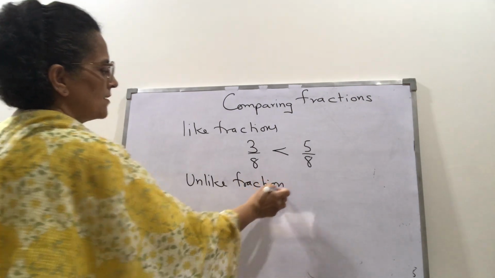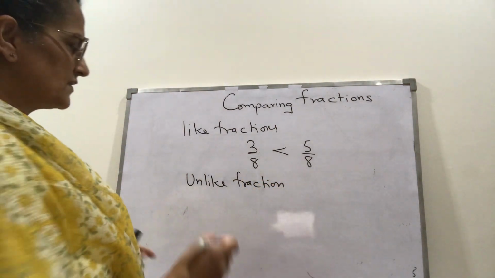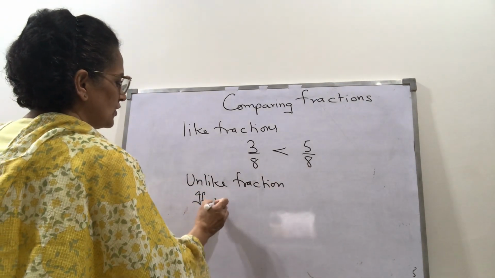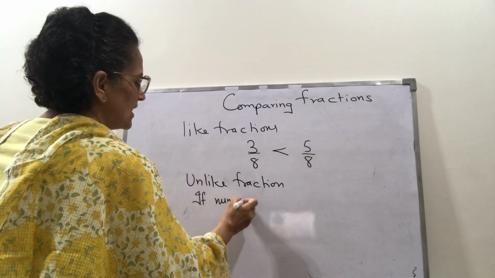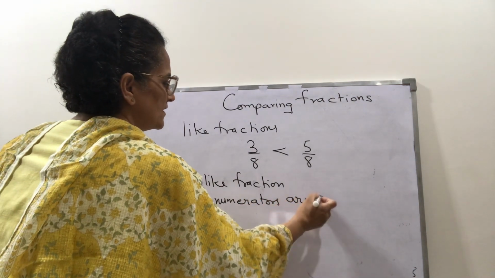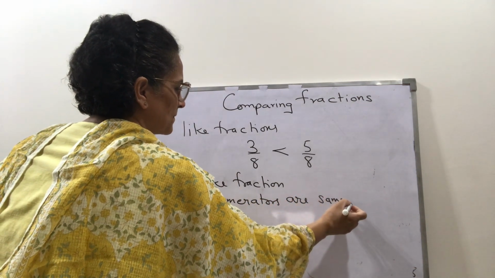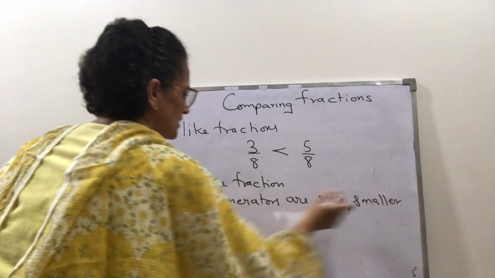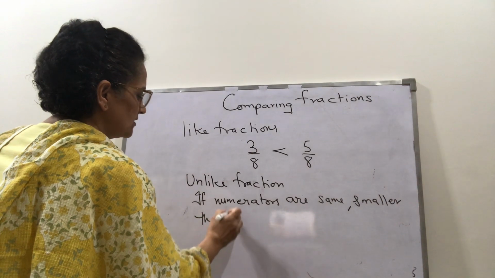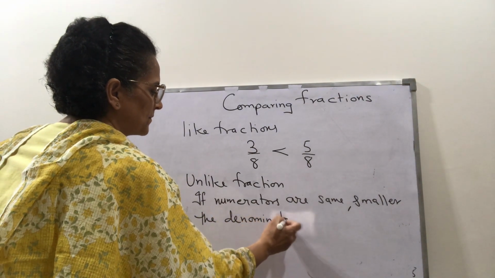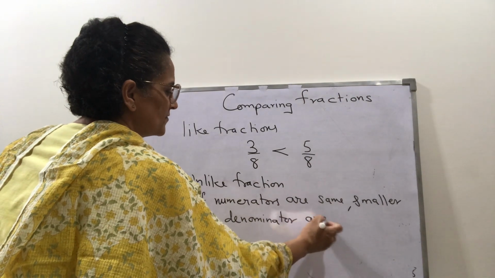I am taking up a case where the numerator is same. Unlike fractions, if numerators are same, smaller the denominator, greater the fraction.